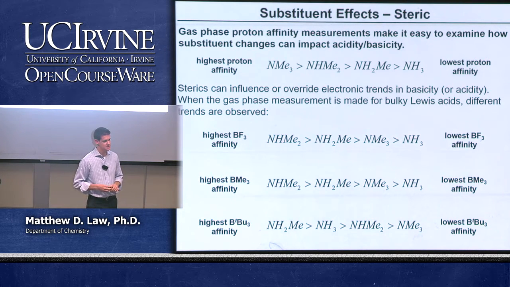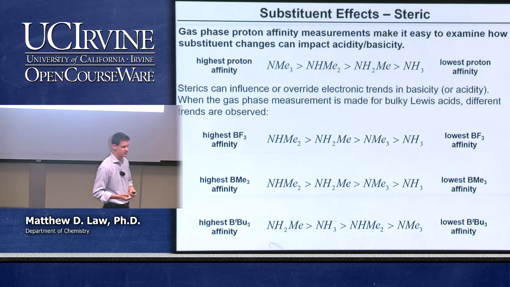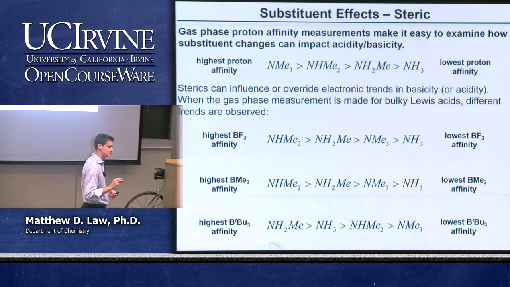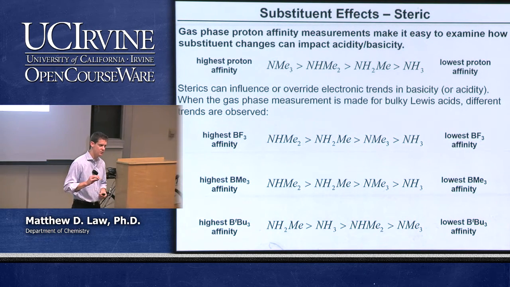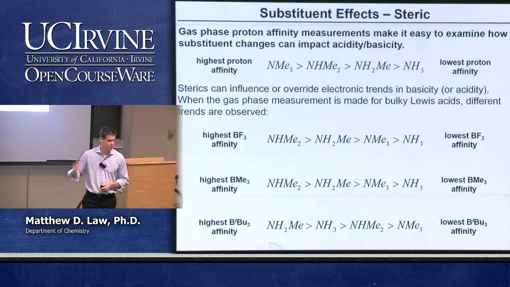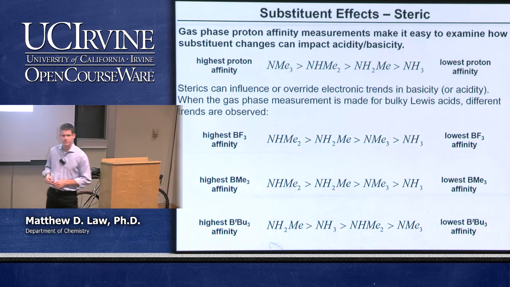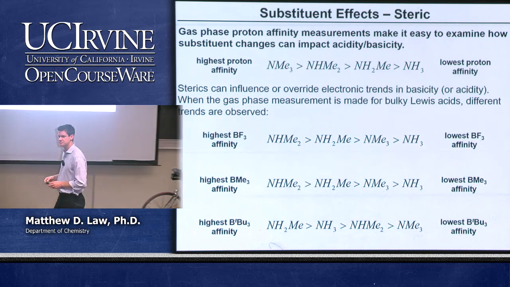That shows that you really have a competition between the inductive effects and the steric effects. We can use the steric effects as a very fine knob that we can turn to change the order of the bases. Any other questions?